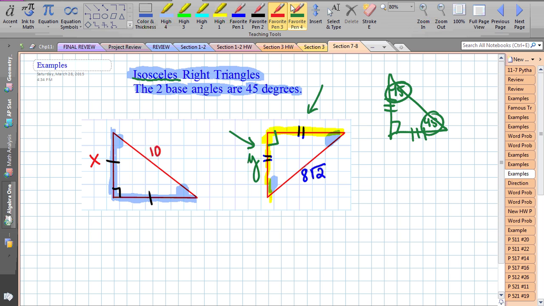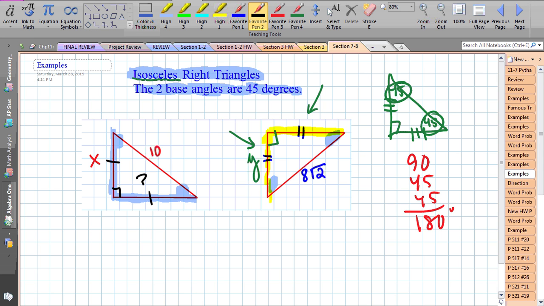And if you take notice, 90 degrees plus 45 plus 45 equals 180 degrees, and that's a fact about all flat two-dimensional triangles. So how do I find x in here?